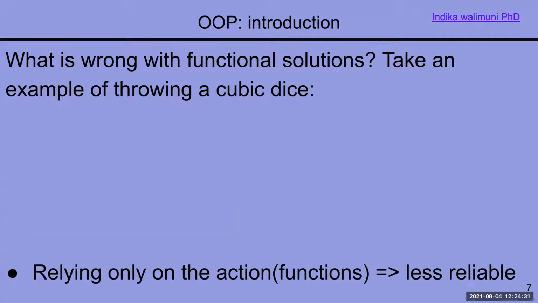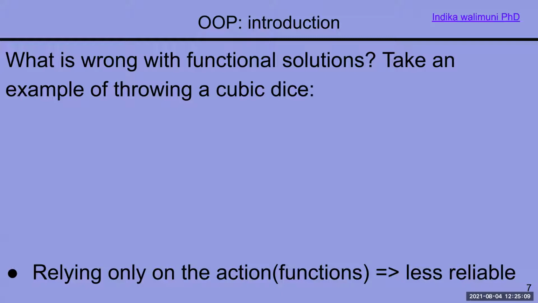So basically, relying only on the actions or the functions is less reliable. Okay. And it also doesn't make any sense. For example, if you take a microwave and the action is cooking, when we refer to microwave cooking, it's kind of odd because we are completely ignoring the actual microwave object, right?